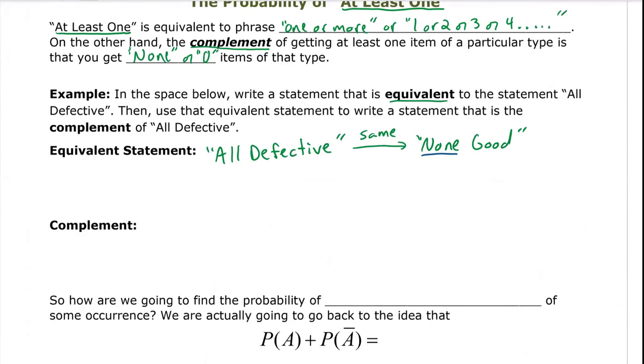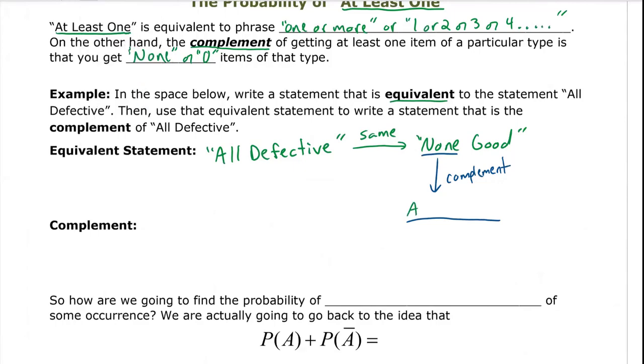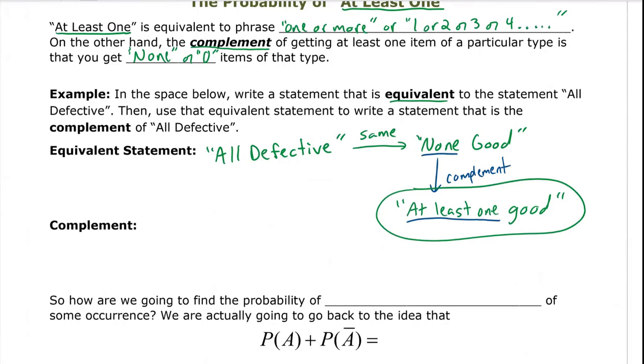So to get the complement, we replace none with at least one, and you keep the same ending part: at least one good. That is the opposite of none good.